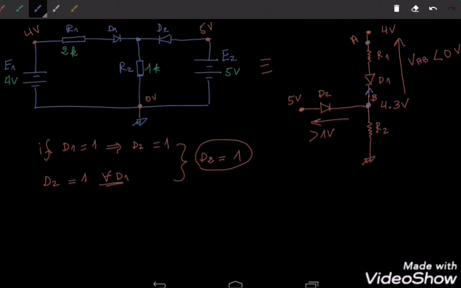Because the current cannot pass from the point B to the point A. The current can only pass from the point A to the point B. So now I know that D2 is going to conduct definitely, no matter the state of D1, and when D2 conducts, I concluded that diode 1 does not conduct. So in this way, we would have established the state of the two diodes without doing any calculation.